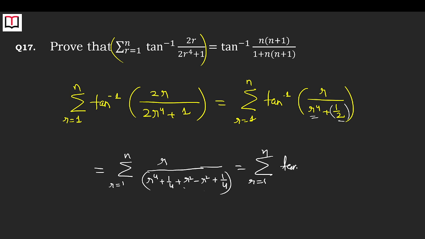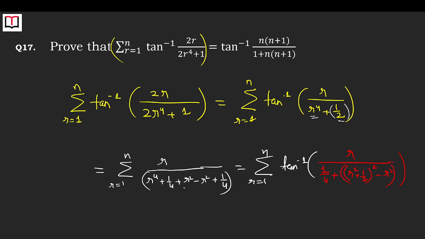So tan was, I missed tan was there, doesn't matter. Okay, so it will be r upon 1 by 4 plus r square plus half whole square minus r square.